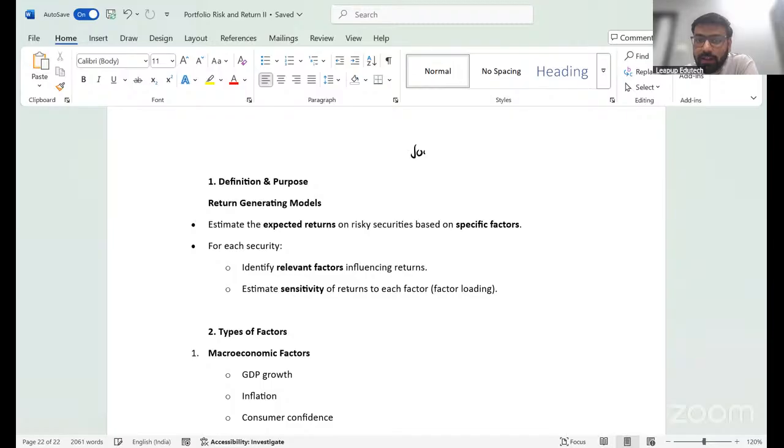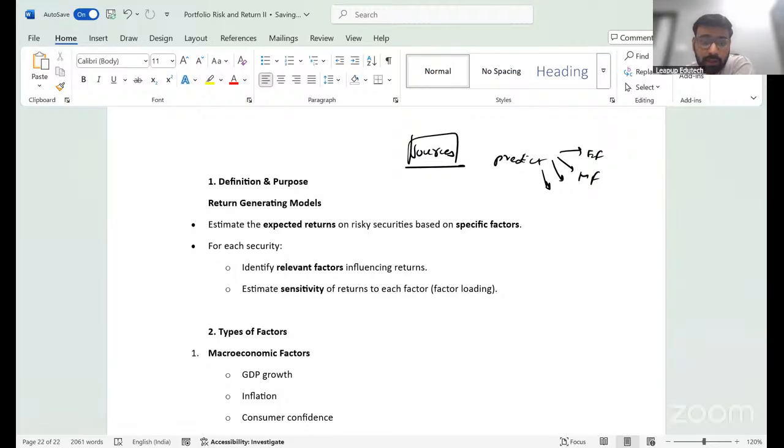Once you study that in the past and understand what the sources of return are, can I say you can predict in the future that these are the factors that will influence the return of the stock? It can be economic factors, it can be market factors, it can be anything.